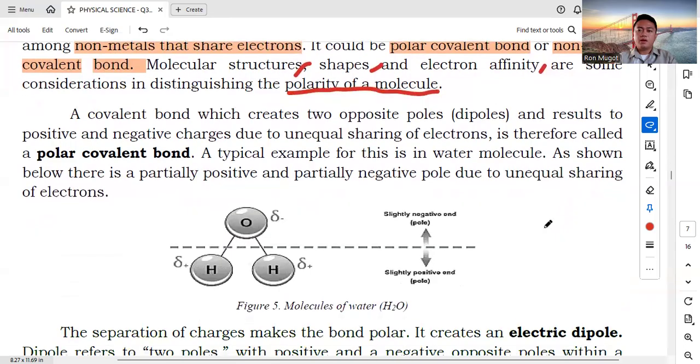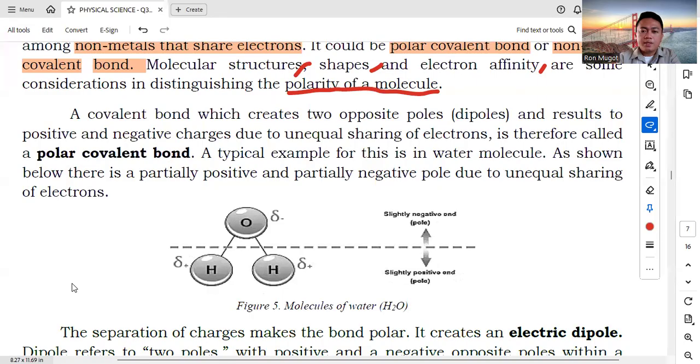Further, a covalent bond which creates two opposite poles, that is a dipole, results in positive and negative charges. That is due to unequal sharing of electrons, and is therefore called a polar covalent bond.